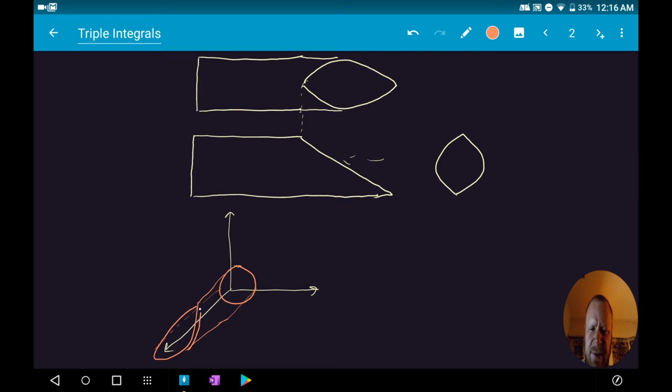Maybe a little bit difficult to see, but all right, so that's the shape. It's got this kind of planed end on the side of it, and then a circle back here.